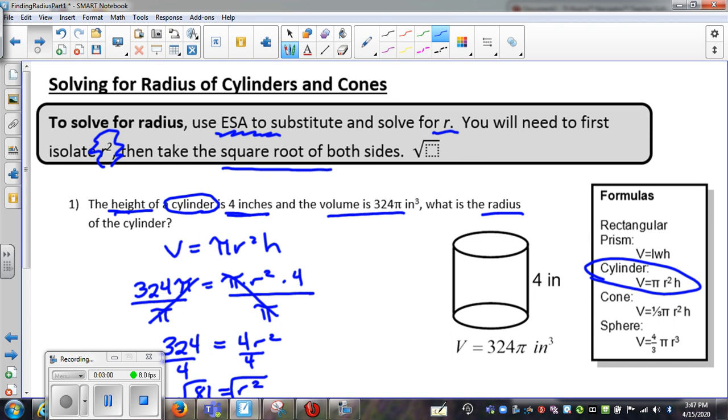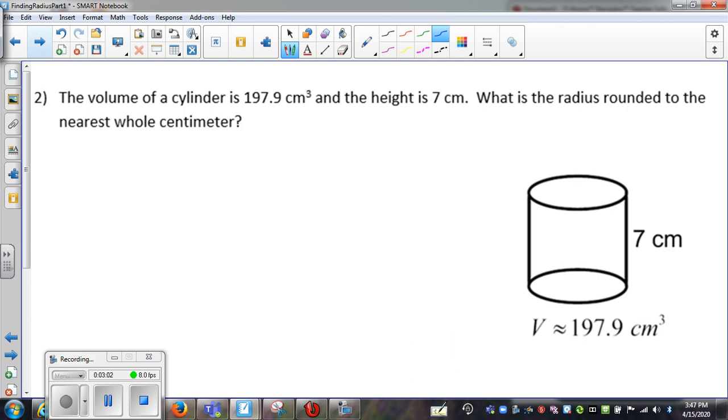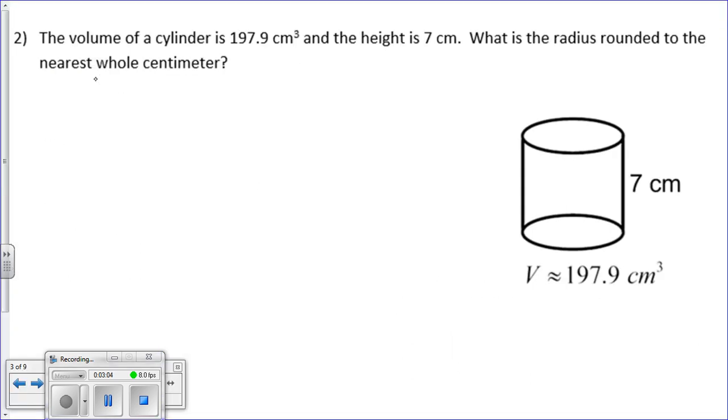Okay, let's try another problem. The volume of a cylinder is 197.9 centimeters cubed. So again, we're dealing with a cylinder, and we have volume. The height is 7 centimeters. What is the radius? This one is rounded to the nearest whole centimeter.